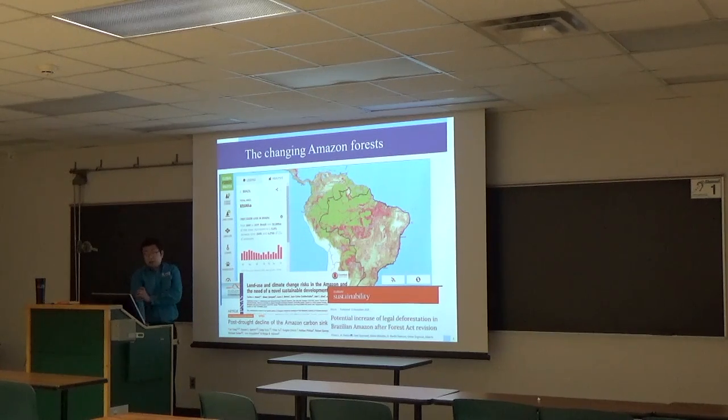So there are so many reasons, and it's really unknown which one is the major driver of the forest loss. My research interest is focused on whether we can quantify those changes in more detail, so we can know what the major driver of those changes is.